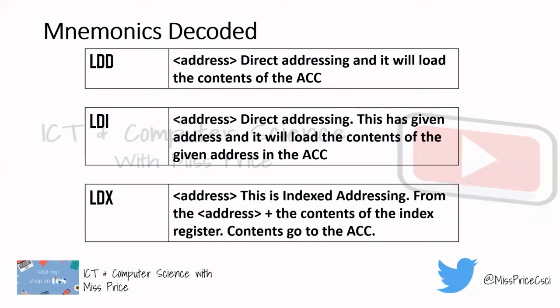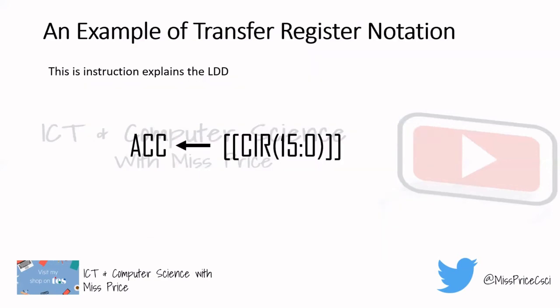This is indexed addressing, and it takes the content of the index register and it goes to the accumulator. So let's explain this instruction. If you look in your book, obviously we have to have an example of register transfer notation, and so this stands for current.